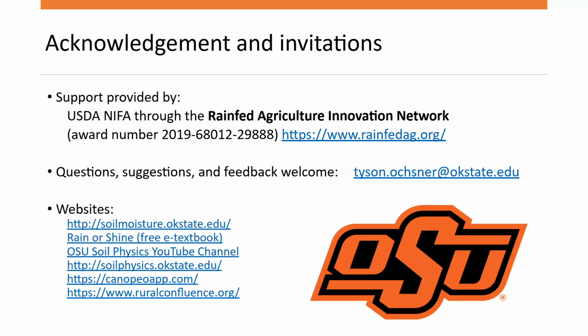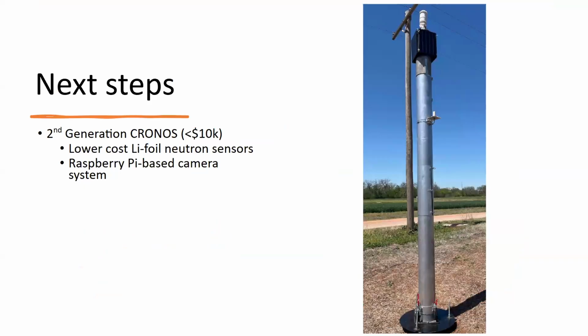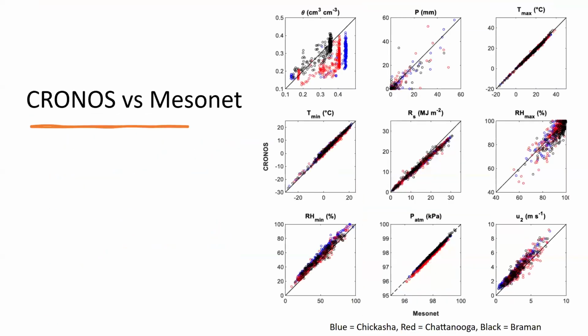You showed the correlation between your stations and the resident stations for soil moisture. Generally, what's going on there? Yeah, that's a great observation. If I can click back to it really quick. You see these vertical patterns on the x-axis where the Mesonet is reading sort of constant.